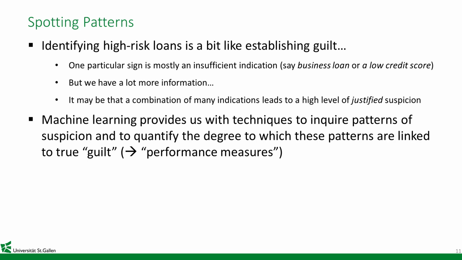Now, by just looking at the data and doing some descriptive statistics, we were able to find out quite a couple of patterns. These patterns were quite interesting and showed some kind of direction. If we put this in the context of law, it could be quite like establishing guilt, whether or not that loan is going to default in the future, whether or not that applicant will be unable to pay back the loan.